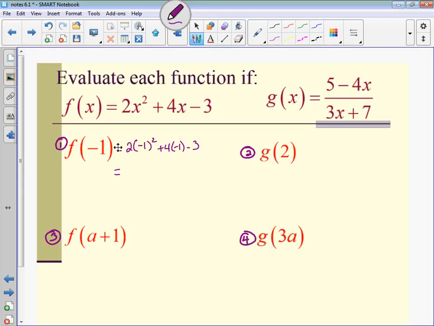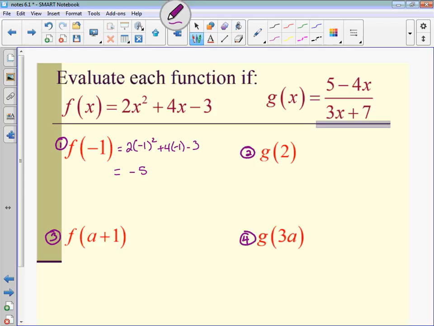Not -1. 1 times 2. Okay, and then, do you guys see that's minus 4 minus 3? So what do we get? -5. Okay. So you guys remember your order of operations. That's it. You're just plugging it in, seeing what you get, okay? You've done this before, right?